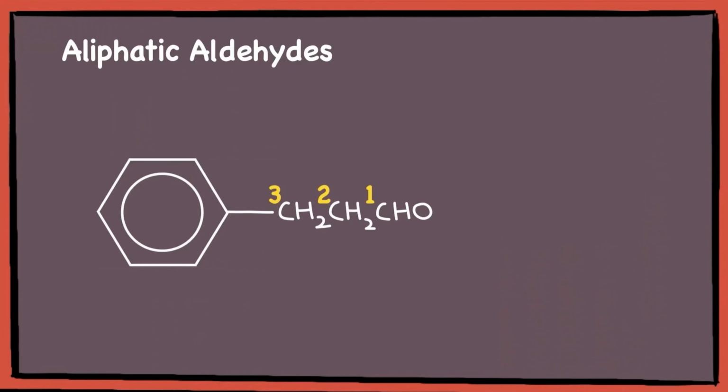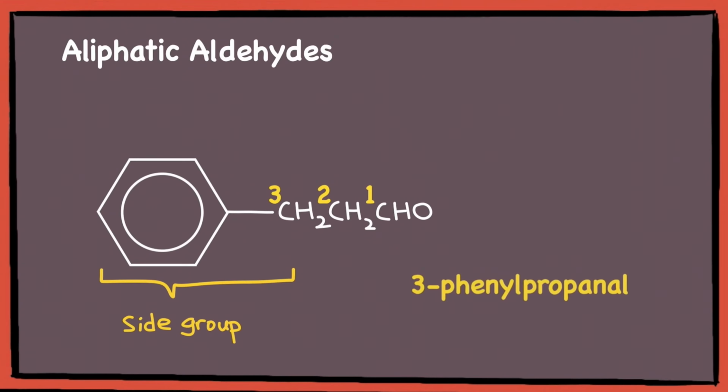So this will be our parent carbon chain with 3 carbon atoms. The benzene ring is a side group that is attached to the third carbon atom of the parent chain, and because the benzene ring is now a side group, the name of the benzene as a prefix will be called phenyl. So the name for this organic compound will be 3-phenylpropanal.